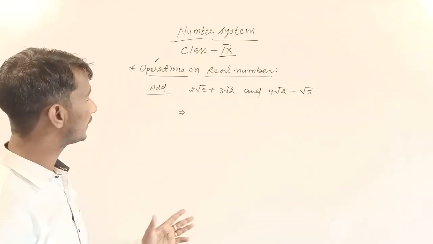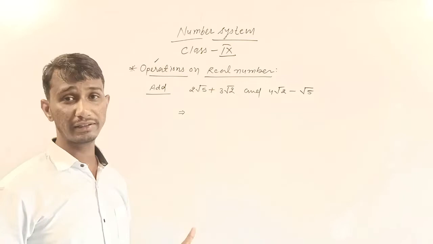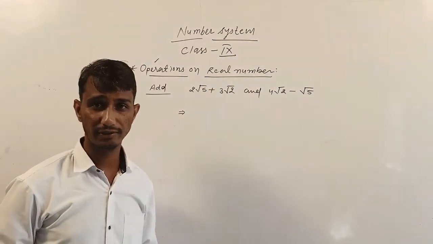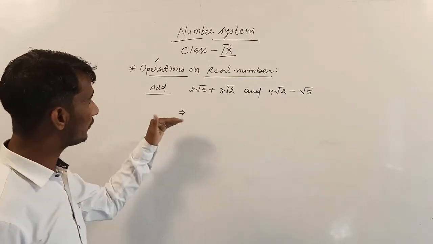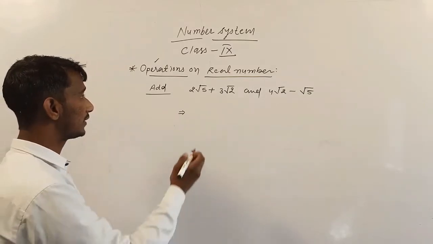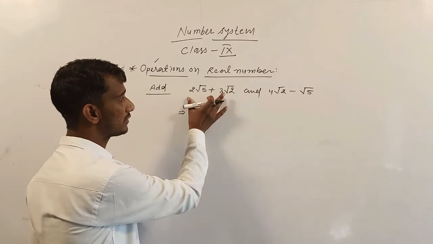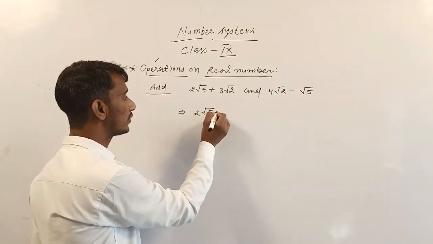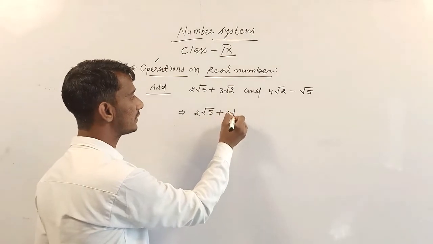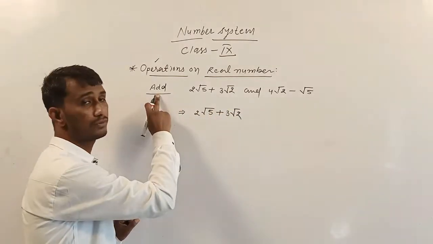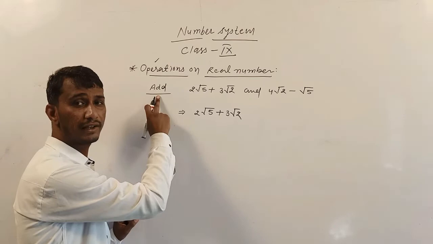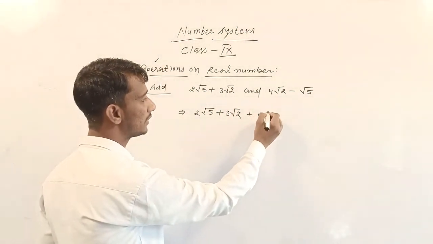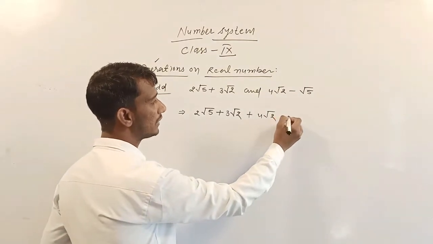According to the definition, a real number is a combination of rational and irrational. So now we add the numbers. First I write 2 root 5 plus 3 root 2. Which operation have we applied here? Addition, so put the plus sign, and after that write the next expression, 4 root 2 minus root 5.